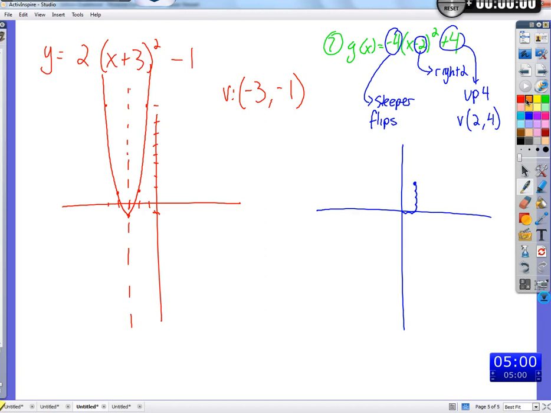And if that's all that happened, and the steepness wasn't affected, then it would go like this, over 1 and down 1, and over 2 and down 4. It would be like that. But our new graph is 4 times as steep as that, so instead of over 1 and down 1, it'd be over 1 and down 4, instead of over 2 and down 4 it will be over 2 and down 16.